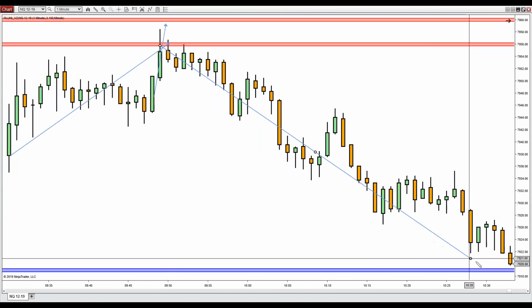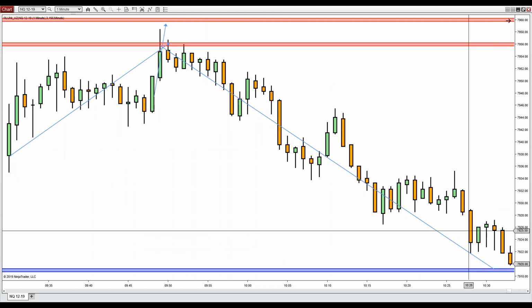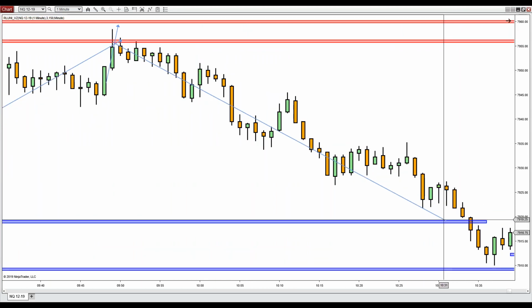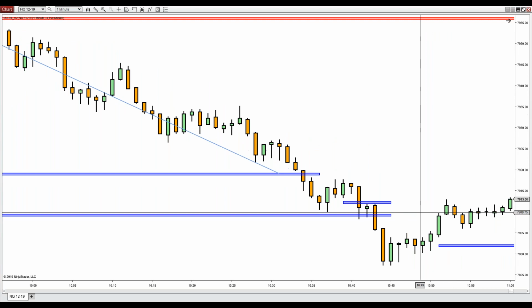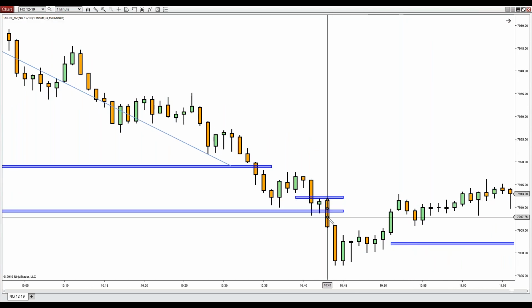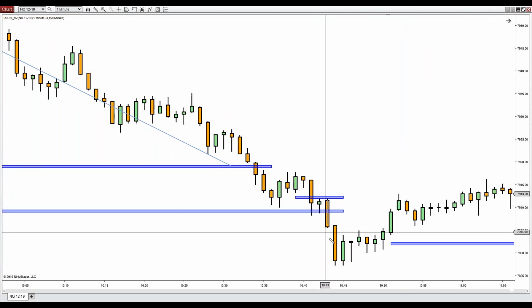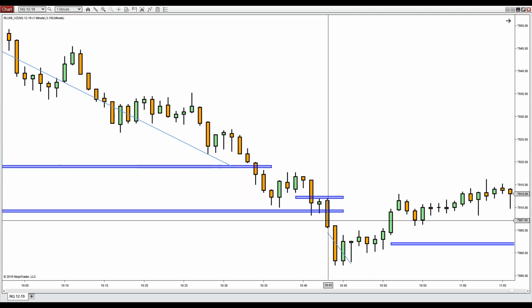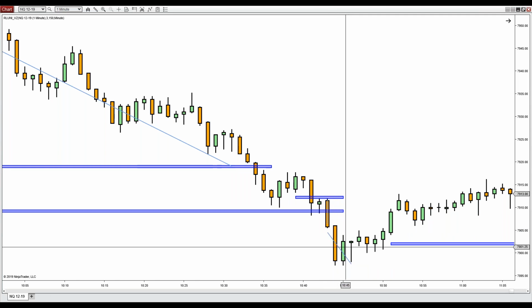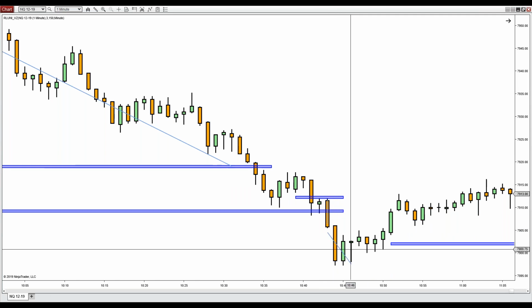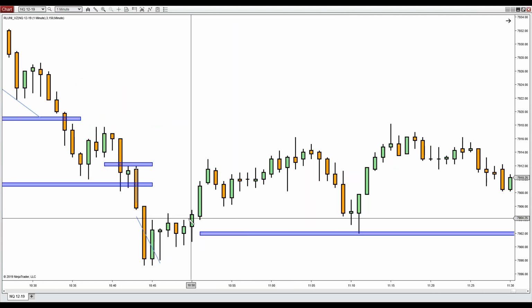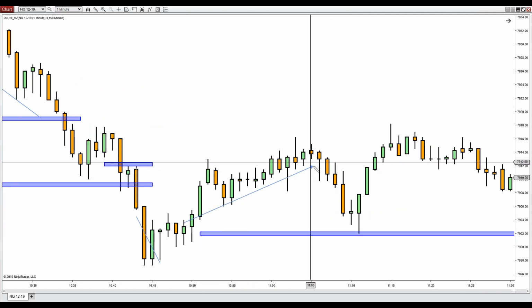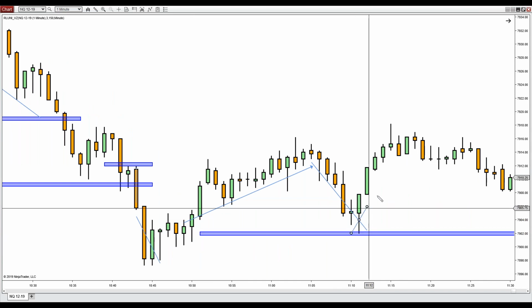Sell it all the way down to support, which is the buy zone. Now it breaks this buy zone, and you can sell it. You're not going to get a big move, but you're not going to get a loser. It moves in your direction. Now you wait till price comes right back to support, and you take it up.